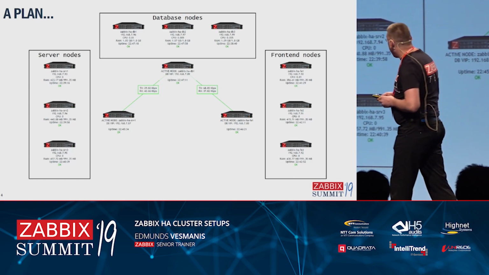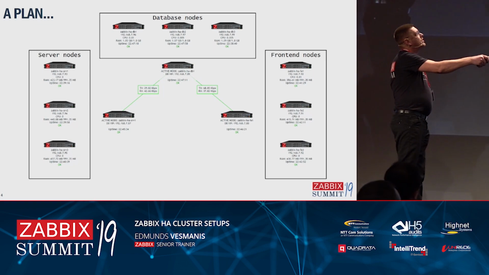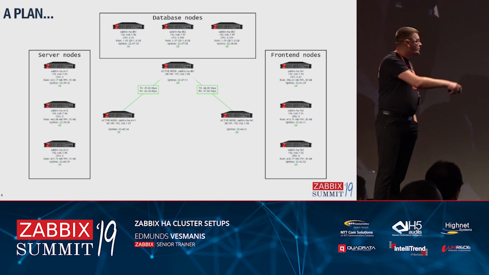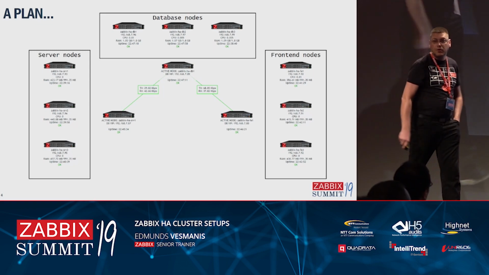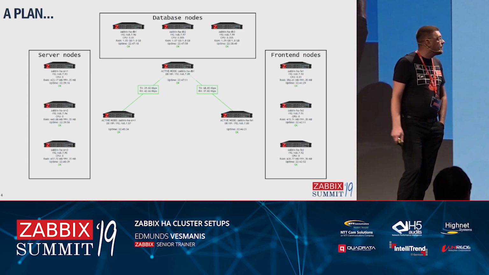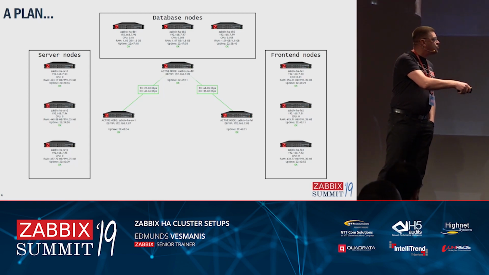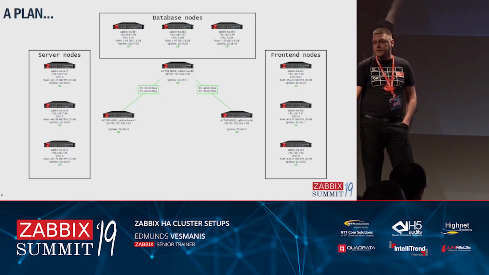This is the plan, what we want to achieve. We have 3 DB nodes, 3 server nodes, and 3 front-end nodes. And for every cluster, we have a virtual IP, which shows which of the nodes is active at the very moment.